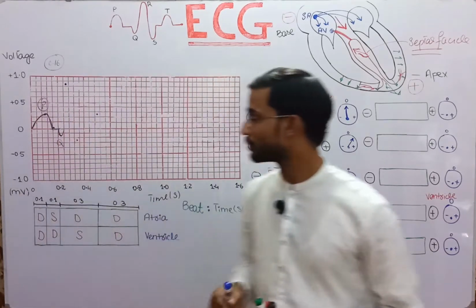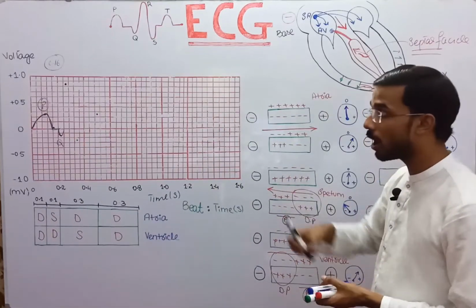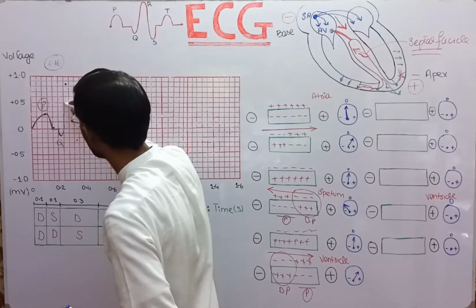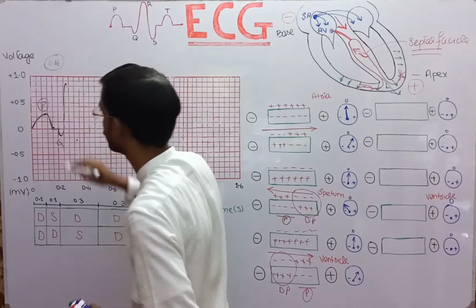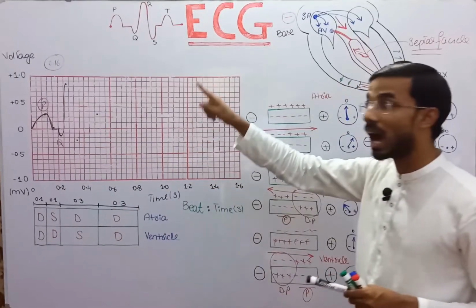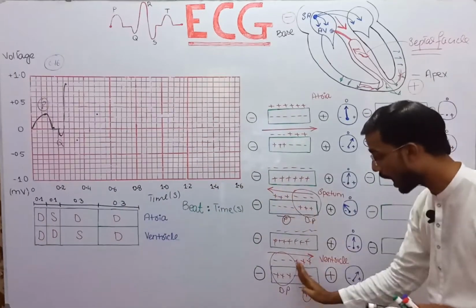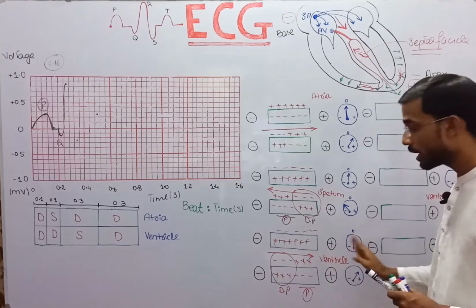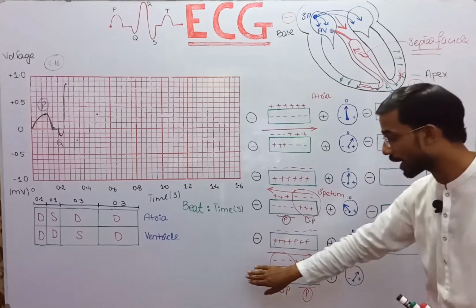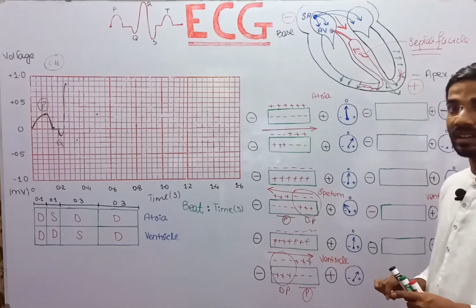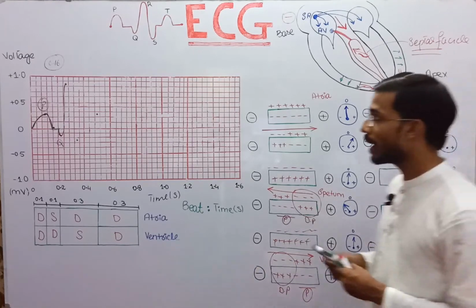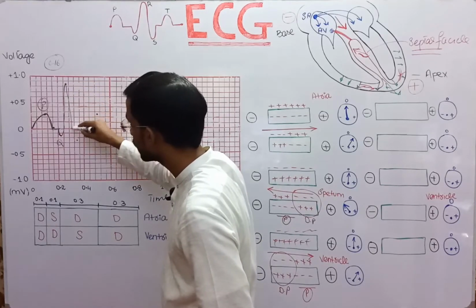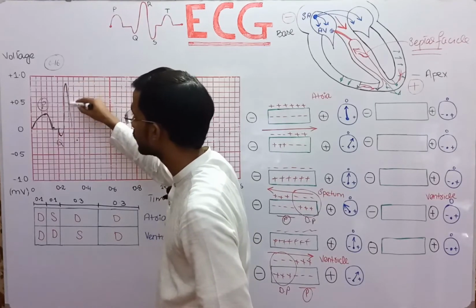Here you can see a sharp peak occurred. As they continuously depolarize from negative to positive, a state is reached when the potential again moves towards zero.